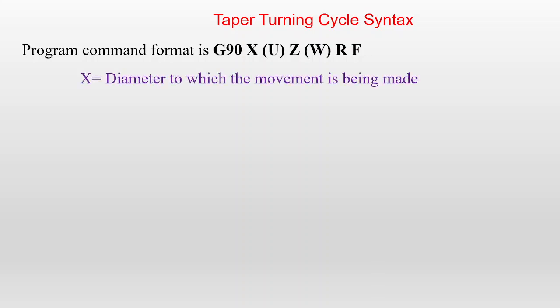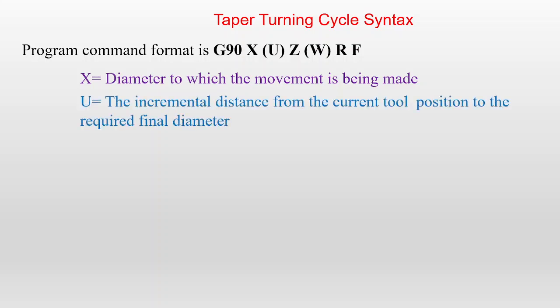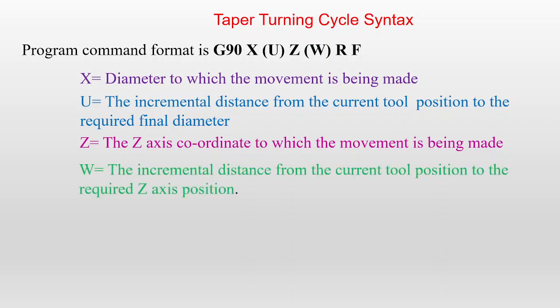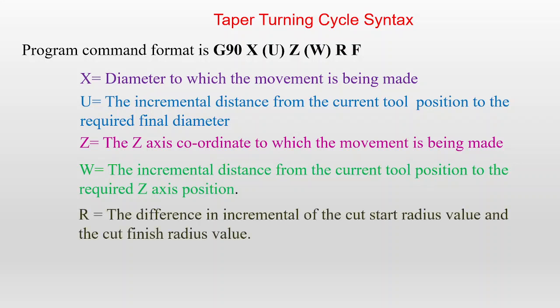X indicates the diameter to which the movement is being made, and the U value is the incremental distance from the current tool position to the required final diameter, which we mention within the bracket of X. And Z is the Z axis coordinate to which the movement is being made, and the W value is the incremental distance from the current tool position to the required Z axis position, which you can mention within the brackets.